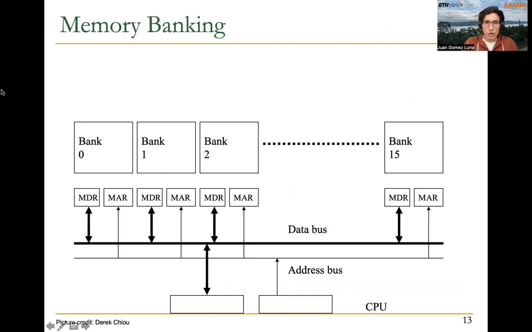Observe that for each of the banks, we have a memory data register and a memory address register. What this means is that using the address bus, we can place a different address in each of these MARs, and we can request some specific data from the bank. That data will be copied into the MDR for it to be moved through this data bus.